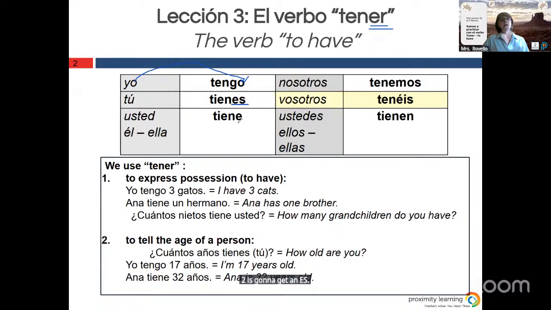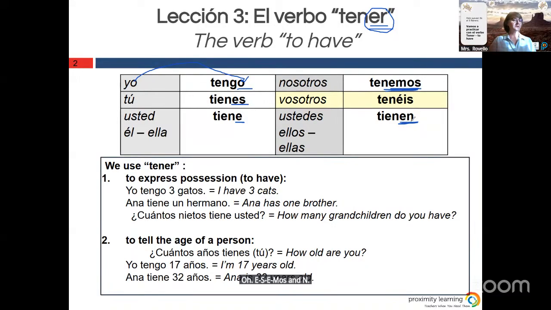Usted, él, and ella is going to get E. Nosotros is going to get emos. Ustedes, ellos, and ellas is going to get en. Okay? So our ER verb endings: O, ES, E, emos, and en.